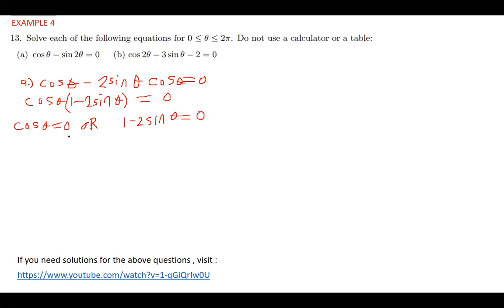Now from there you can find theta. You can take this part first and then come and take the other part at some point. So you can now find theta to be equal to just the cos inverse of 0. Then we know the cos inverse of 0 is nothing but 90 degrees.